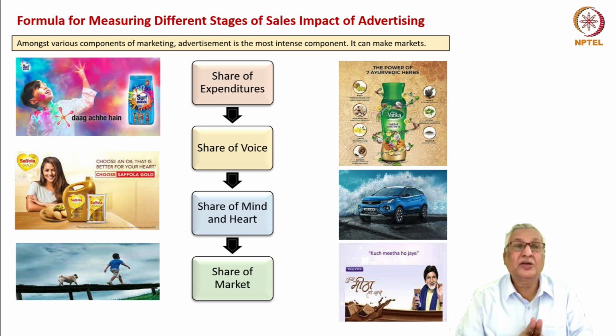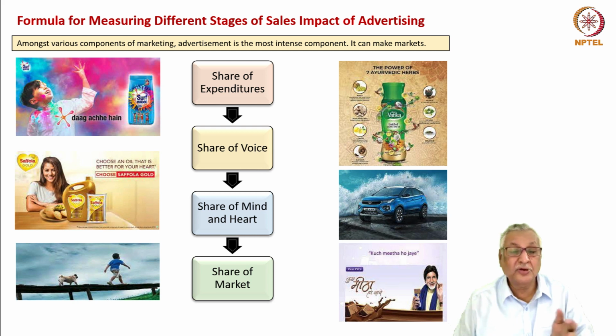There are different formulas for measuring the impact of advertising in different stages. You can have share of expenditures, share of voice, share of mind and heart, and finally share of market. If you look at the good old Vodafone Idea ad, where the pup follows the boy wherever the boy goes, it is a share of mind and heart, and it has led to the company having much better user subscriptions.